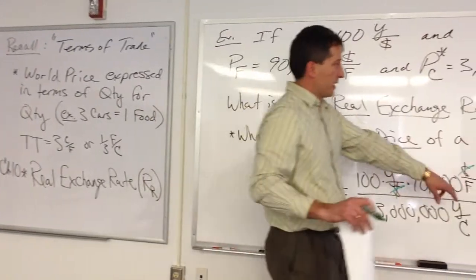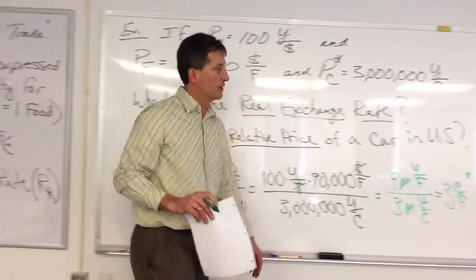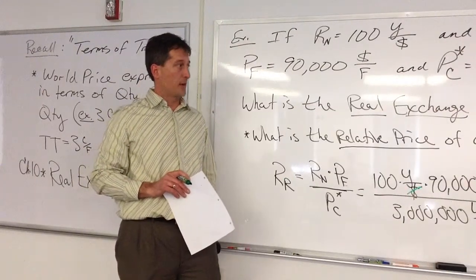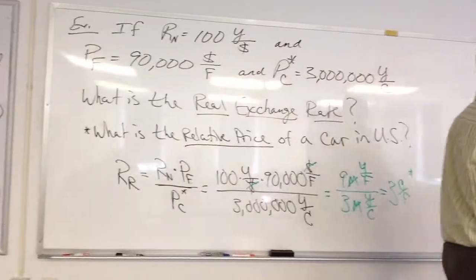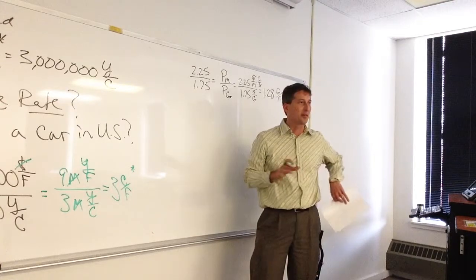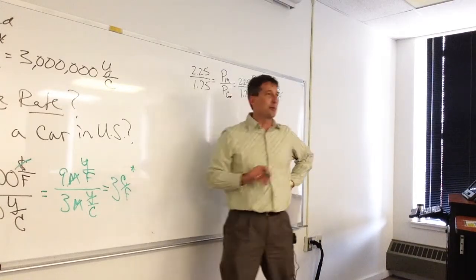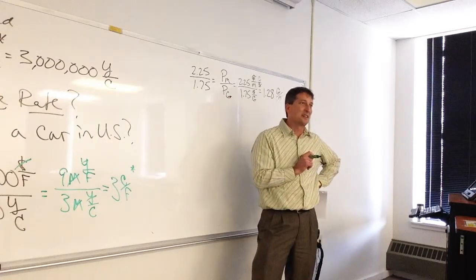Now to get to Max's question: is this the price of a food or the price of a car? Price of a food. How do we remember that one? I think some people are a little questionable on it. Do you just memorize that it's either the numerator or the denominator? That's usually a bad way to do it, honestly.